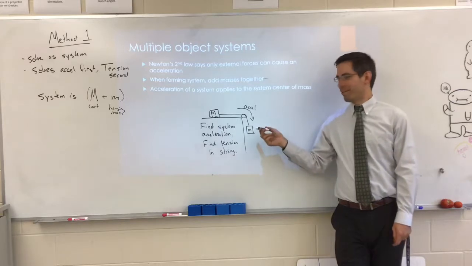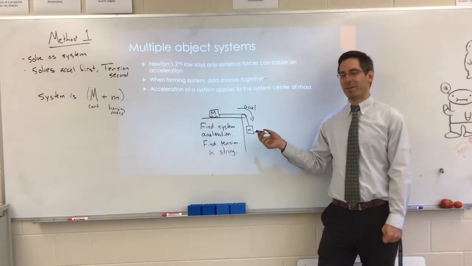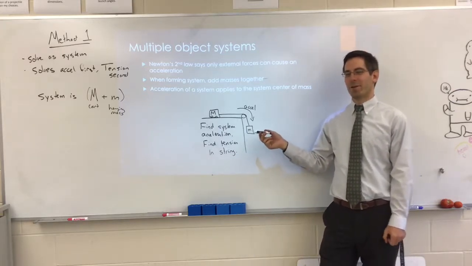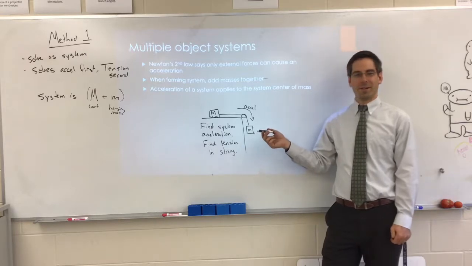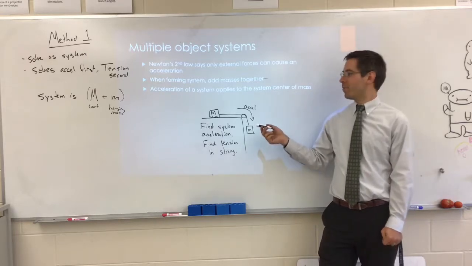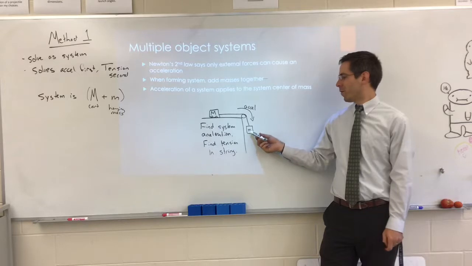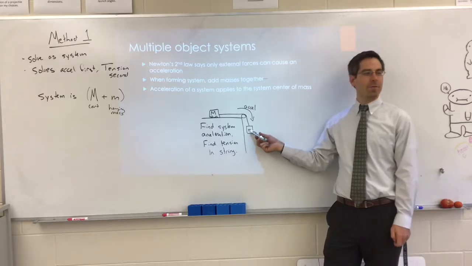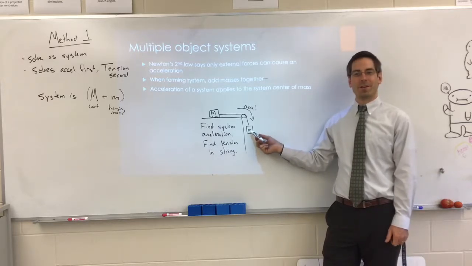And what about little m? Little m is not a force, little m is a mass, but we're close. 2m, that's going to be our system mass. Go back to little m. How do we turn this into a force from gravity?